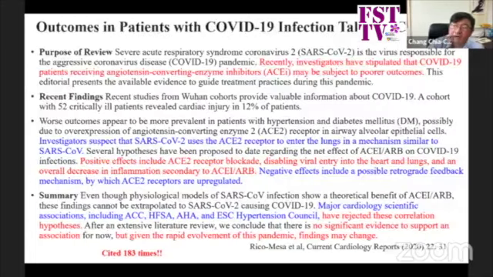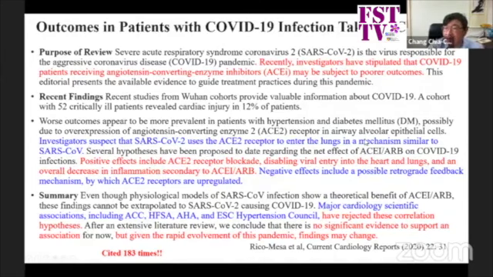However, those suggestions have been rejected by the major cardiology scientific associations, such as ACC, HFSA, and others, because they say there is no significant evidence to support this conclusion. So patients may use them safely.